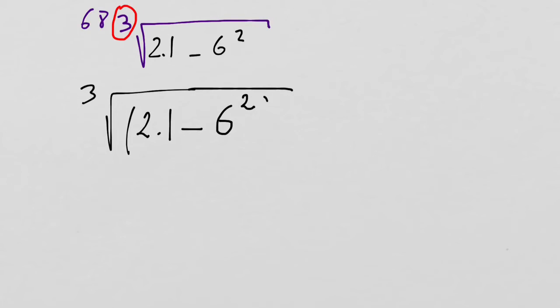Then you have to close your parenthesis. When you plug in the square like this, it's just for the 6, not for the minus. The subtraction sign is not squared. If you have closed both of your parentheses, you are supposed to have the right answer. If you don't have a TI-84, what you have to do is a little bit different. But at the end of the day, it's probably just because you didn't put your parentheses.